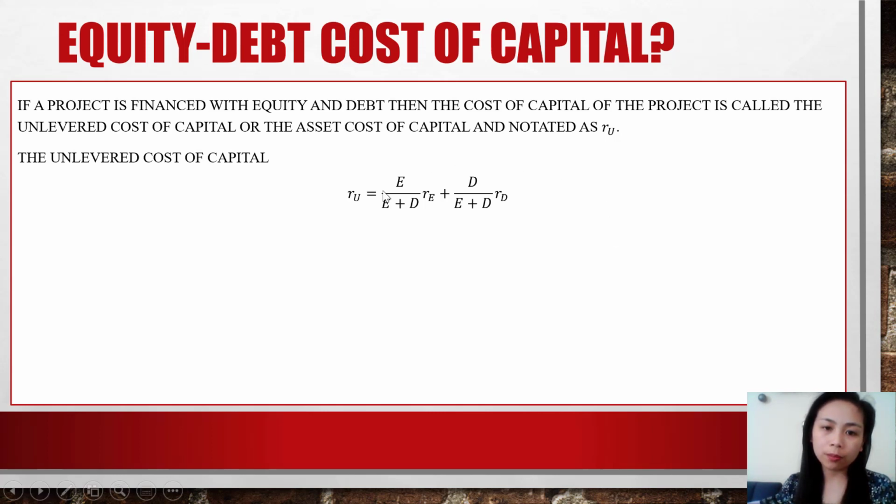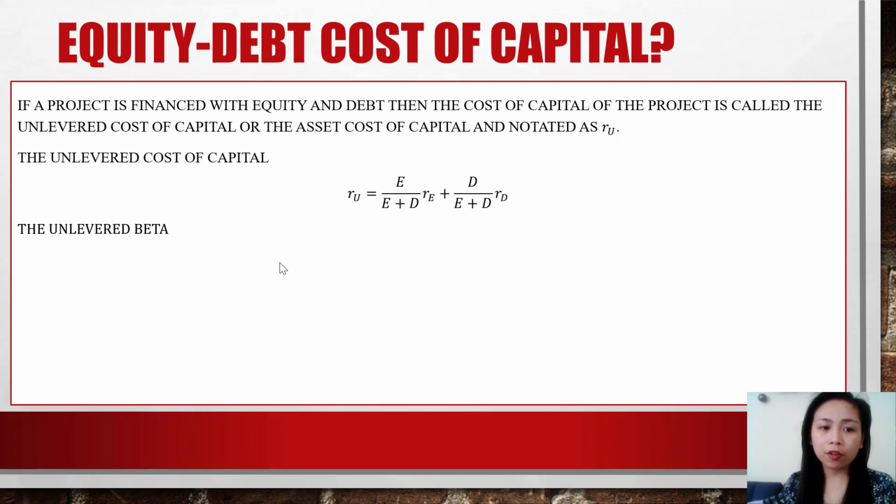Here E over E plus D is the proportion of equity in this project, and D over E plus D is the proportion of debt in this project. E is equity value, D is the debt value, RE is the cost of capital for equity, and RD is the debt cost of capital.